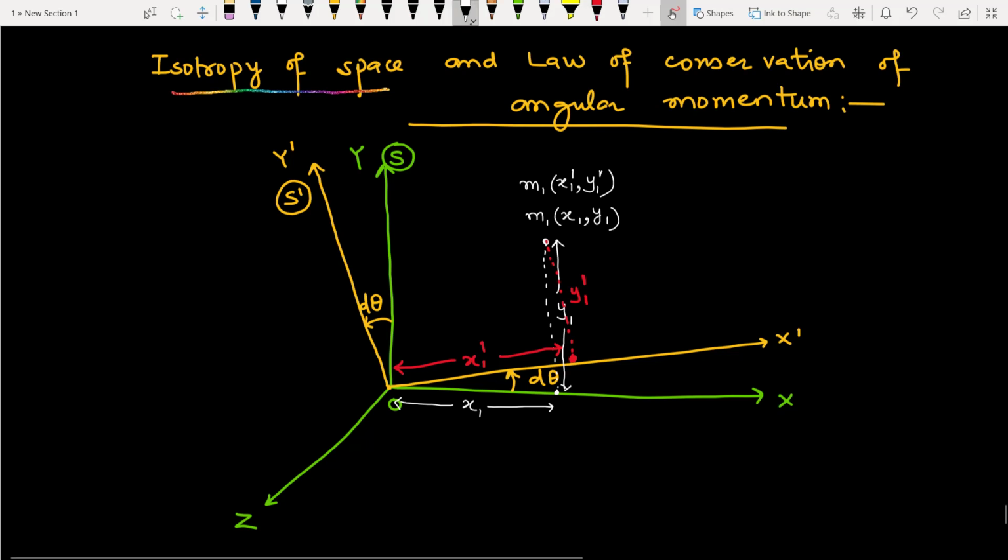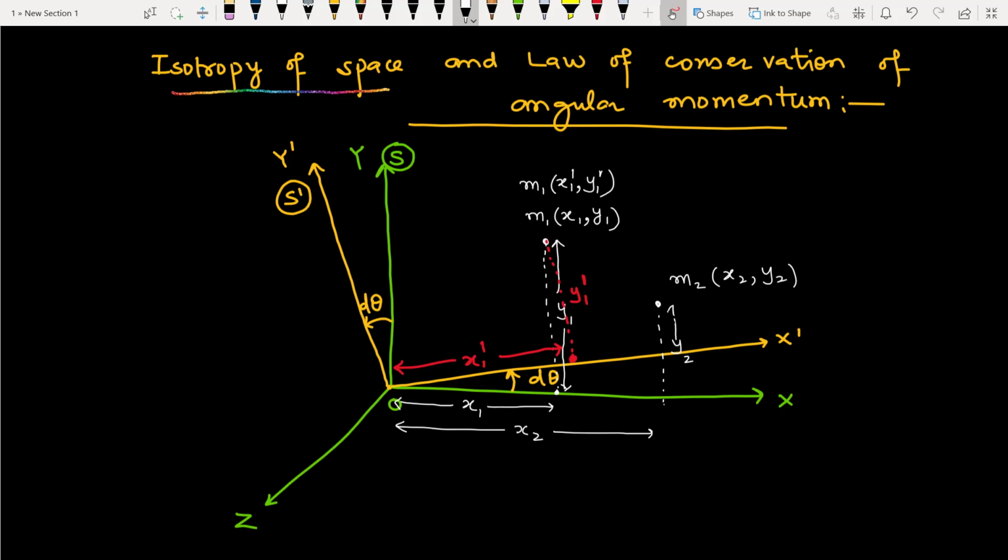Similarly, we have another particle M2 having coordinates x2, y2 in the S frame of reference. So this is x2, this is y2, and it will have x2 dash, y2 dash coordinates in the S dash frame of reference.